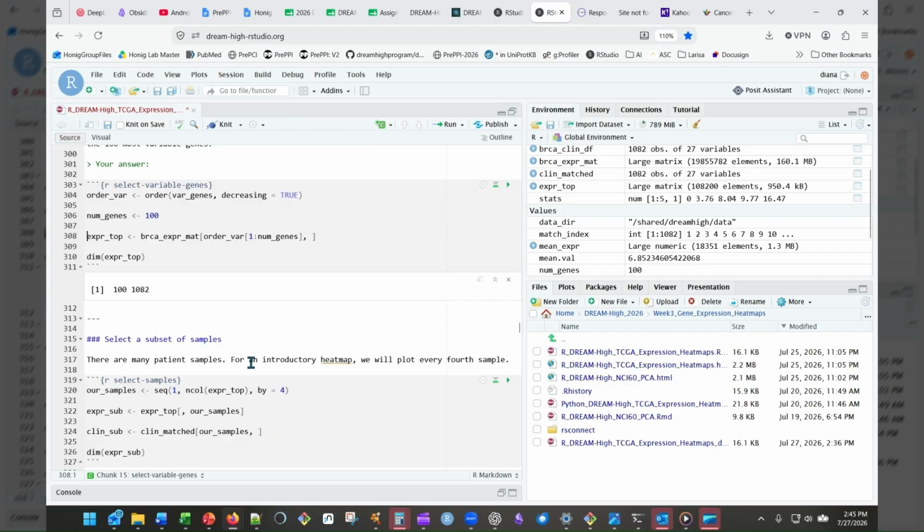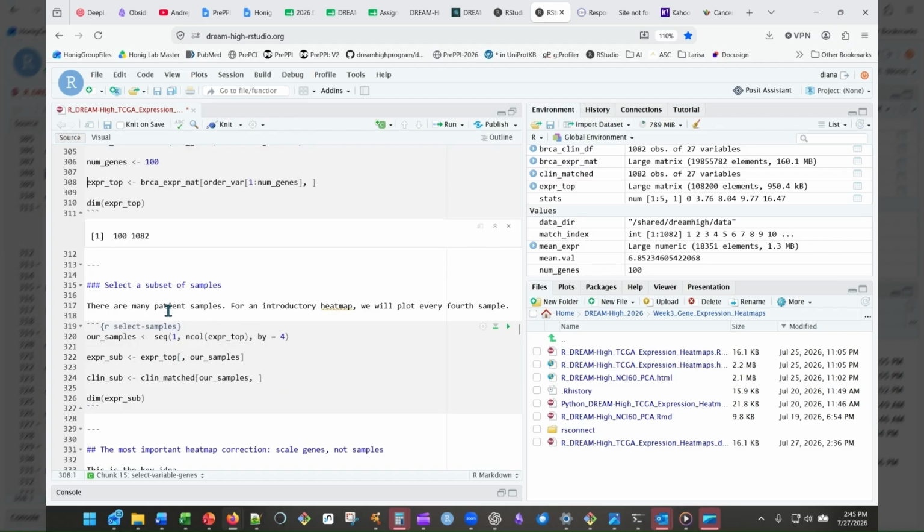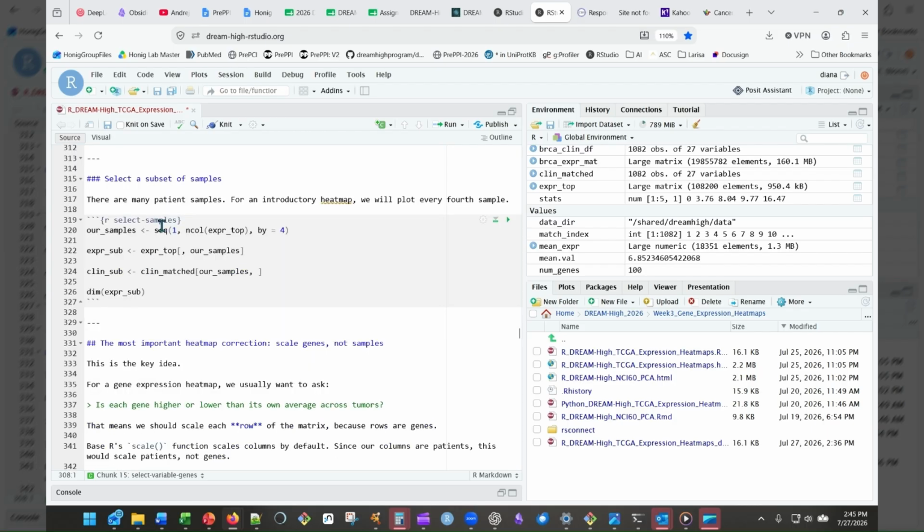Okay, so now we have 100 genes, the most variable genes, but we still have 1,082 patients. So we're just doing this randomly. We're going to choose every fourth sample. We have way too many patients for this many genes, so we're going to take a sequence from 1 to the number of patients we have by every 4.